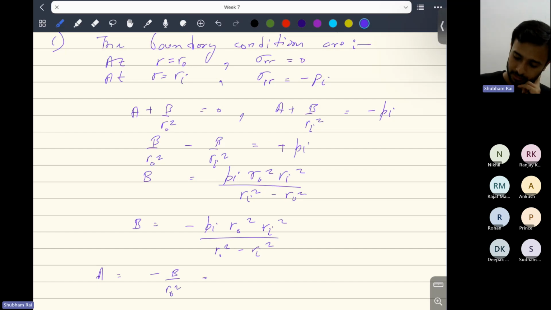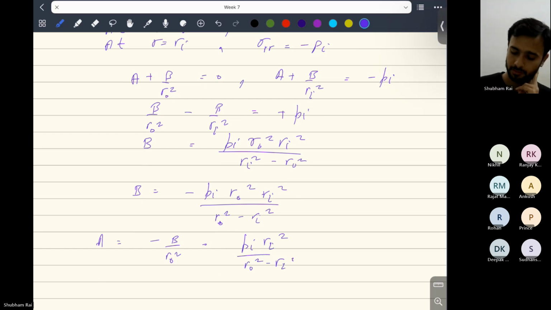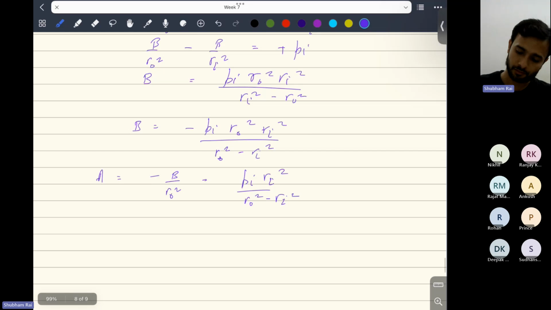So we get a as positive. So this will be p times ri square over r naught square minus ri square. So these will be the two terms. This is the final equation. This is the value of b and this is the value of a.